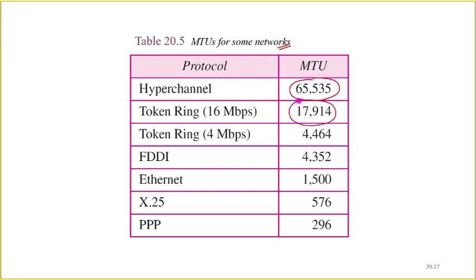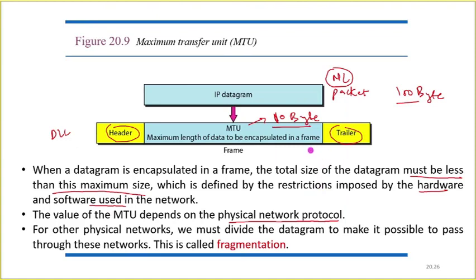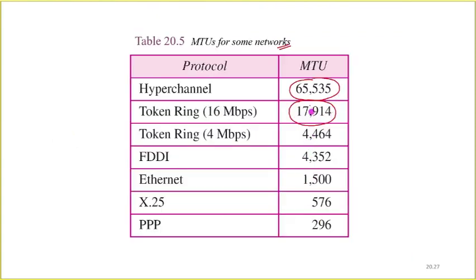So for different protocols, the maximum transfer unit is different. IPv4 is going to use different protocols having different MTU sizes, so there is a requirement of fragmentation to accommodate them.